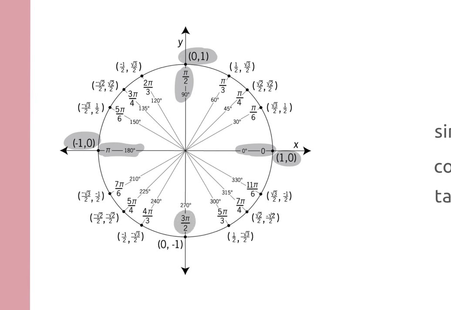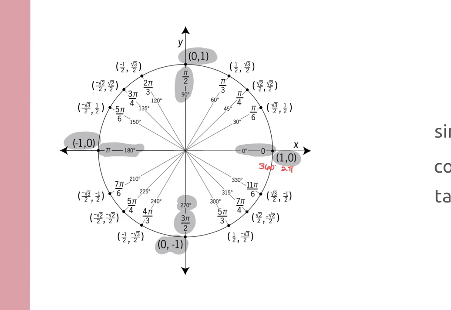And we already knew this was 3 pi over 2 or 270 and the coordinate there is 0, negative 1. Then we will go all the way back around, so when you see the blank one, we'll end back at 360 degrees, which is 2 pi. Same coordinate point, 1, 0, okay? So this is one full circle with a radius of 1.